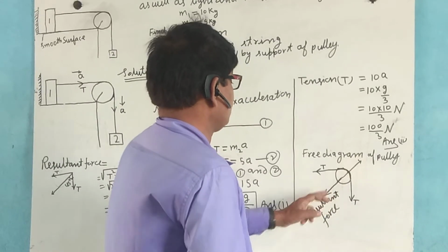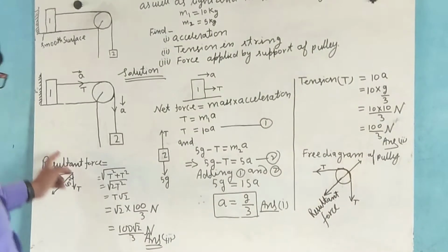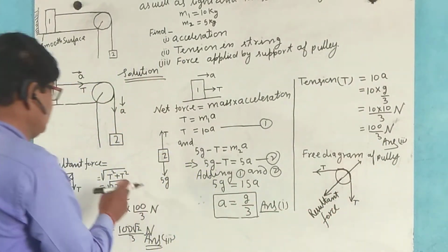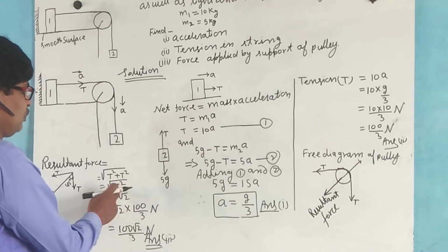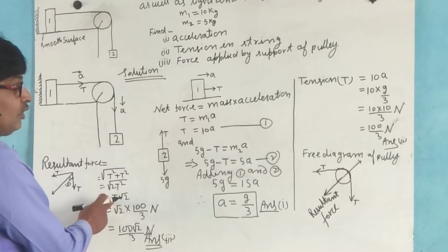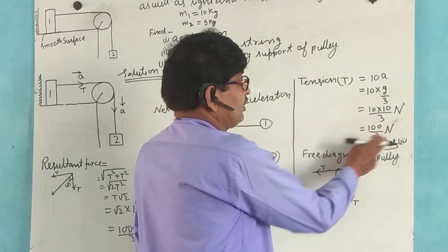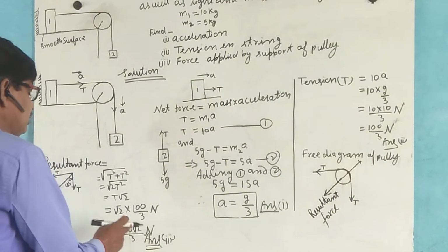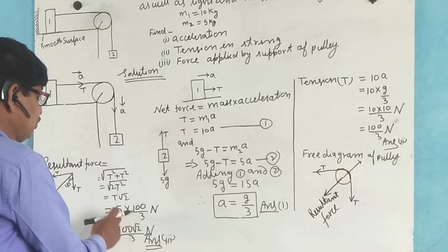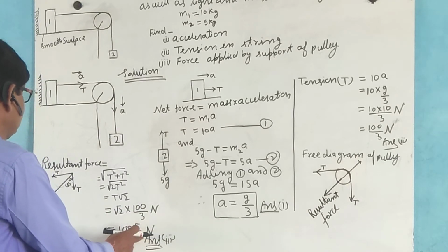So the resultant force is equal to the square root of T square plus T square, that is 2T square, so T root 2. Putting T equal to 100 by 3 newton, we get 100 root 2 by 3 newtons.